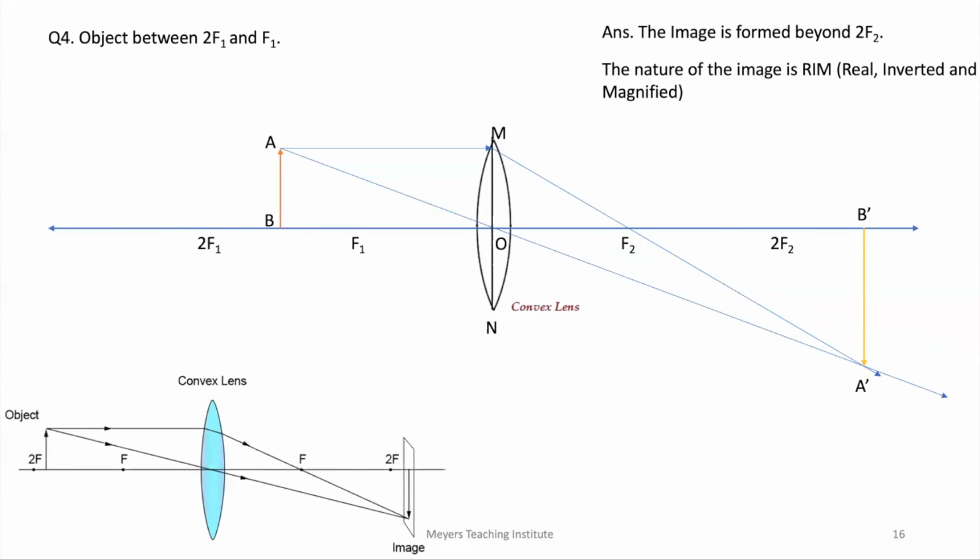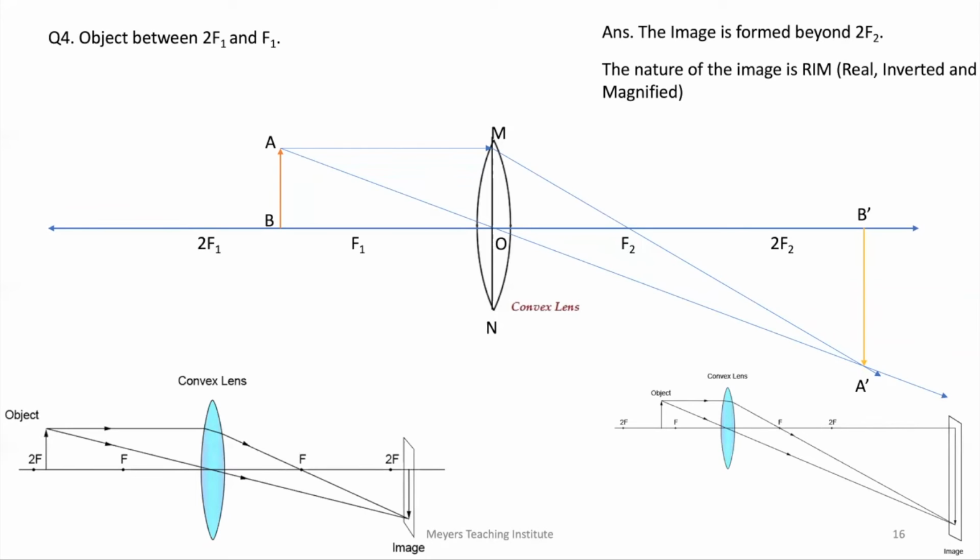I want to show you two different types of diagrams. One, if the object is a bit closer to 2F1, the image is also a bit closer to 2F2. However, if the object is a bit closer to the focus, the image goes much, much further away and is much magnified when it moves away from 2F2.